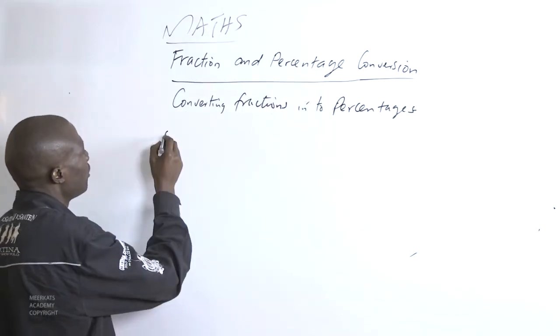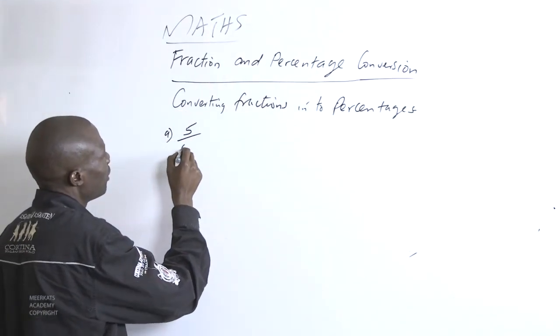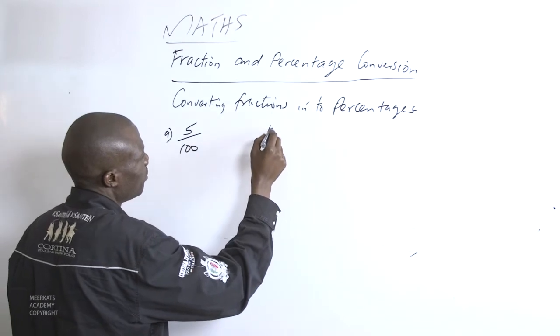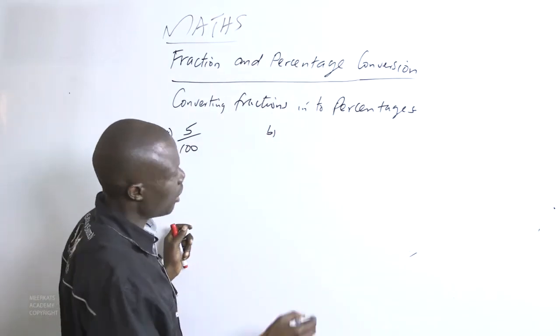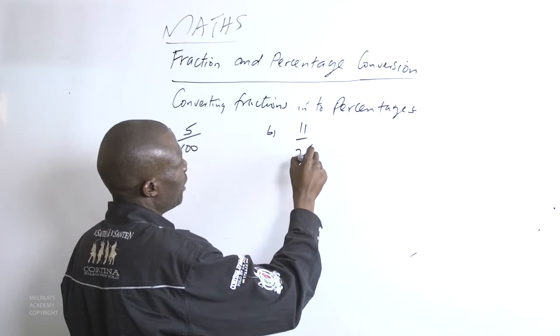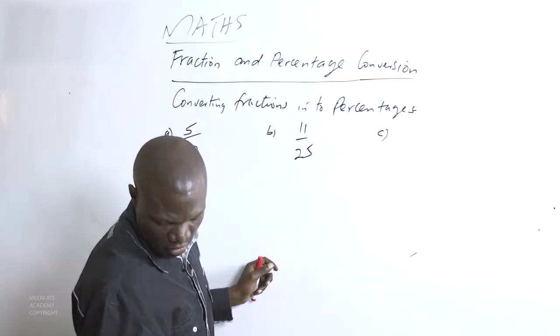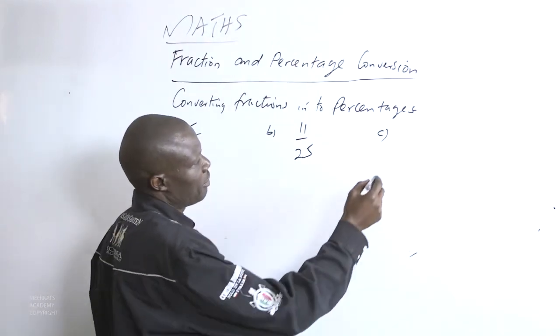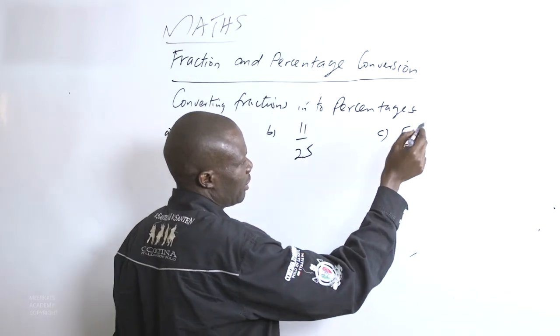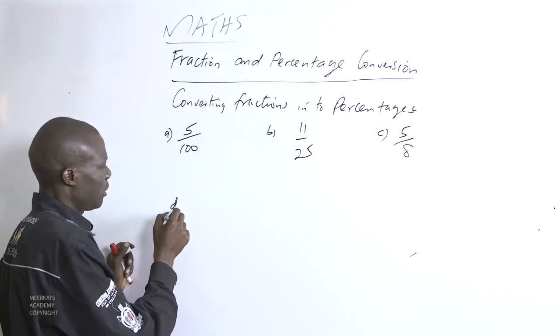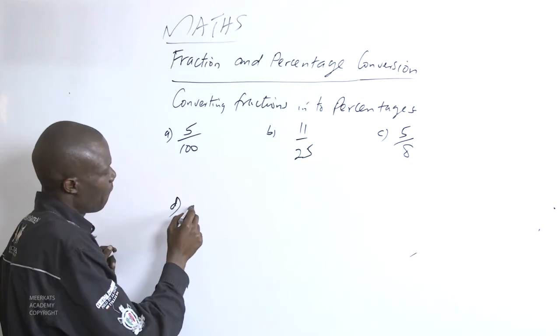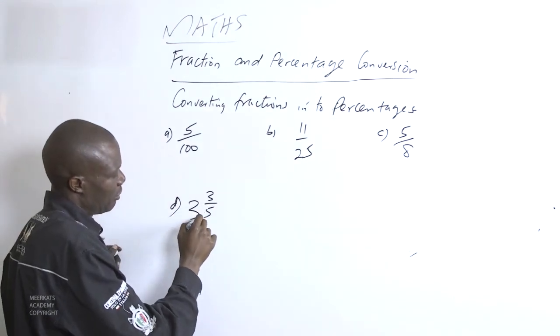A, we have 5 over 100. B, we have 11 over 25. And C, we have 5 over 8. D, we have 3 and 3 over 5.